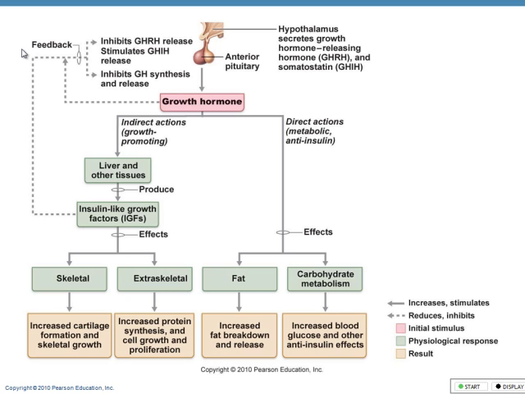And it can also affect carbohydrate metabolism by increasing blood glucose and other anti-insulin effects. Because insulin would do what to glucose levels? Bring it down. This can also help to counteract it as well. Brings it down in the plasma, increases it in the cells.